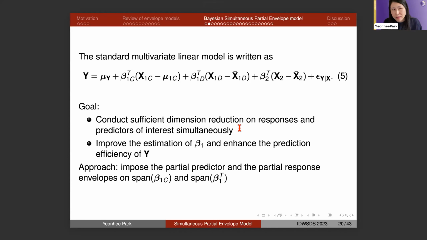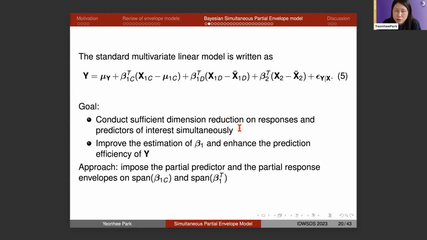Then we could write down the standard model with equation 5. In this work, our goal is to conduct sufficient dimension reduction on both the response and the predictors of interest simultaneously, so that our model will provide a unified framework for sufficient dimension reduction.